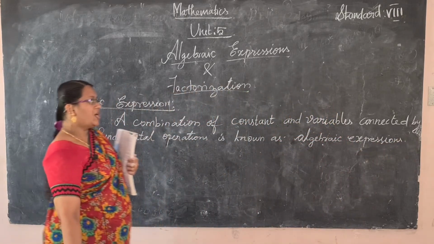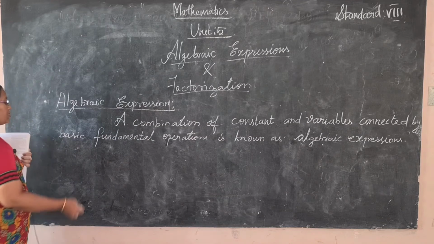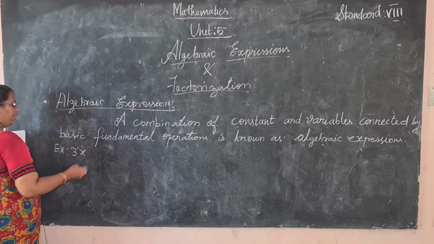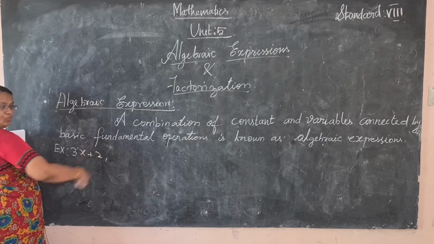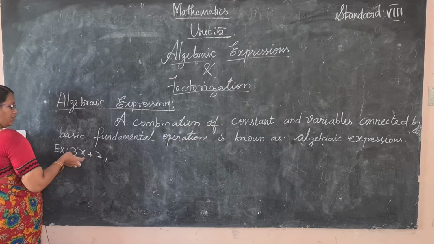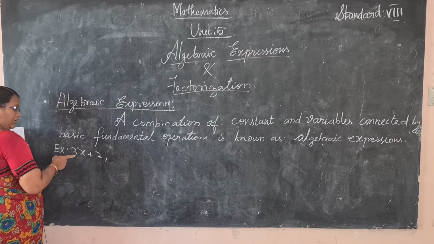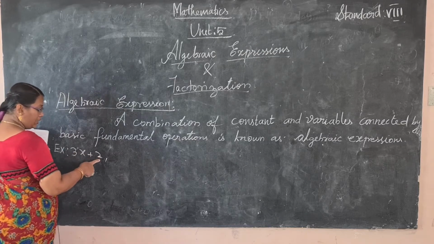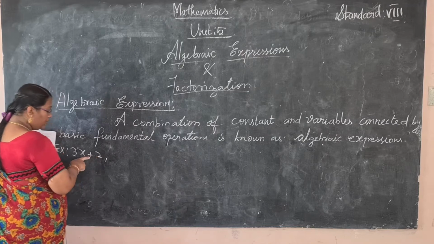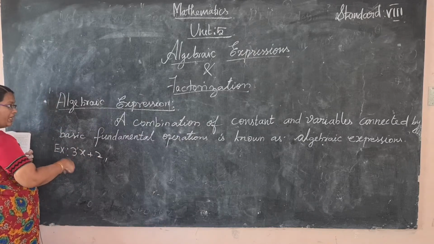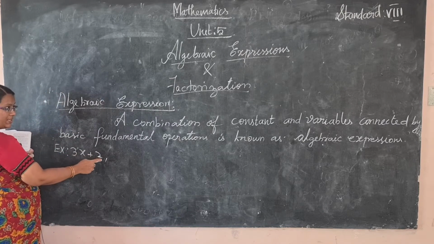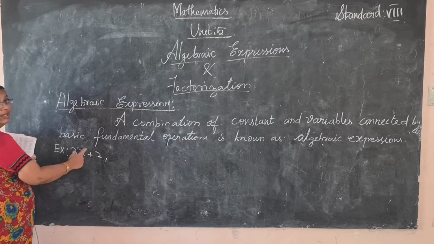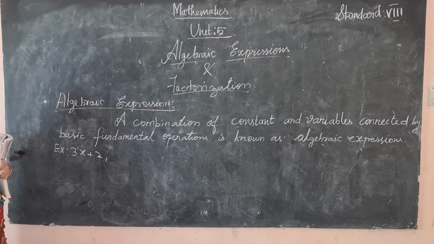Okay, say some examples for algebraic expressions. 3x plus 2. Here one is a variable and the other is a real number, with an operation. So, a combination of constants and variables connected by basic fundamental operations.